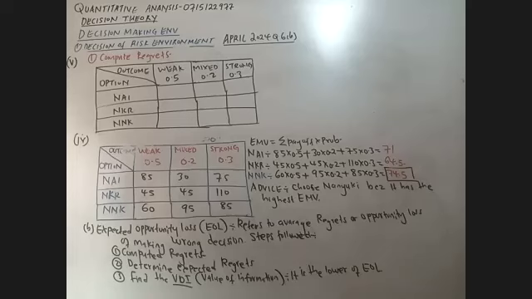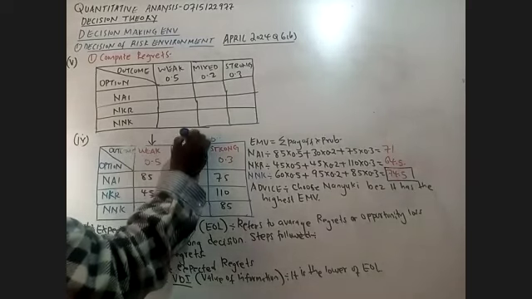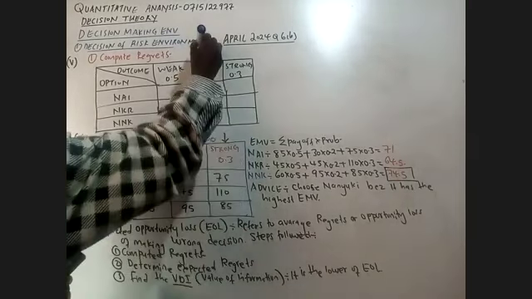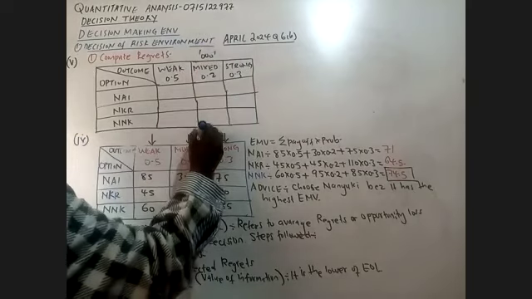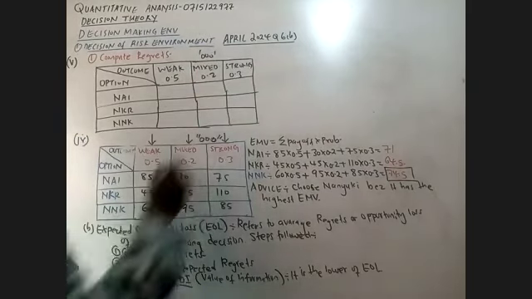Now, how do you compute the regrets? The regret is the difference between the highest profit and the actual. But you check it vertically, going down. Let's start with the first column.